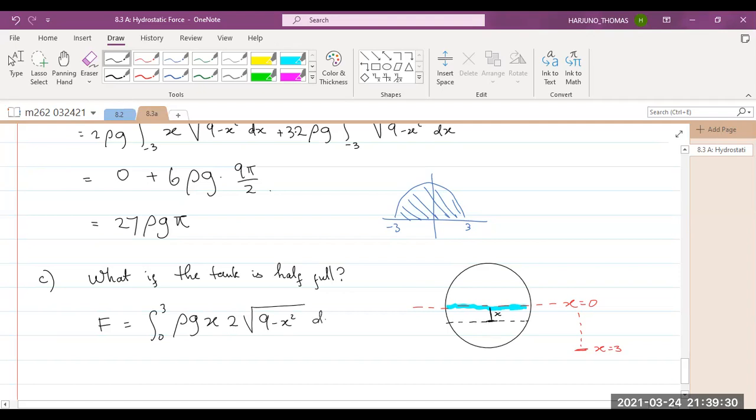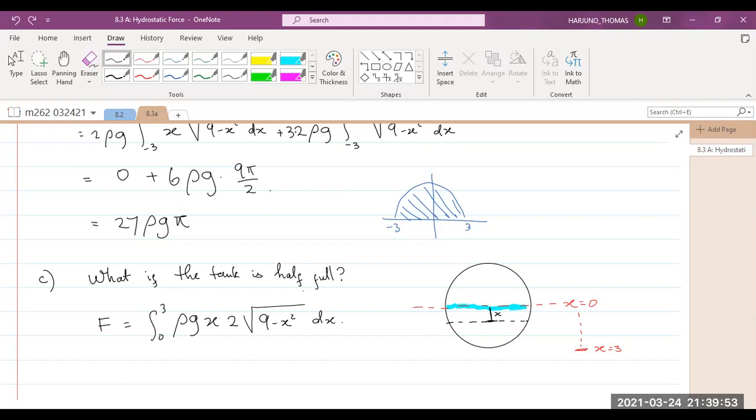Now the thing is, we cannot use the even-odd function trick here because the limits of integration are not symmetric around 0. They are not opposite to each other. So I have to do it the long way.